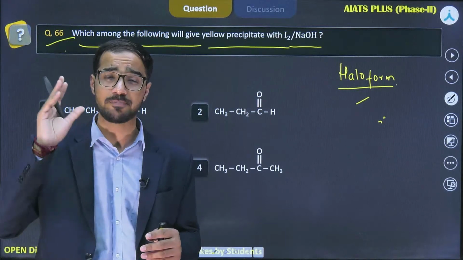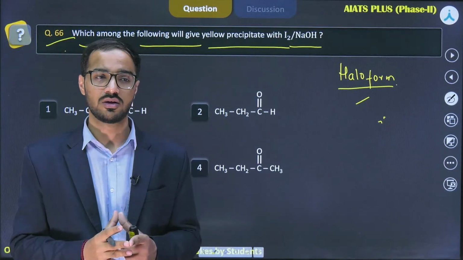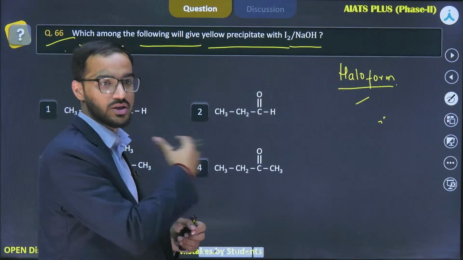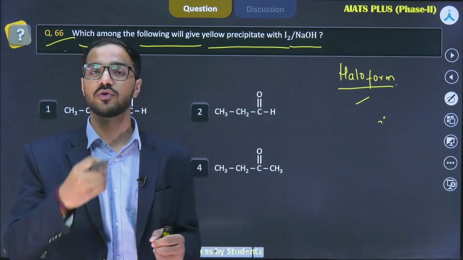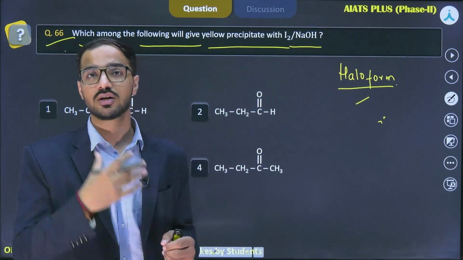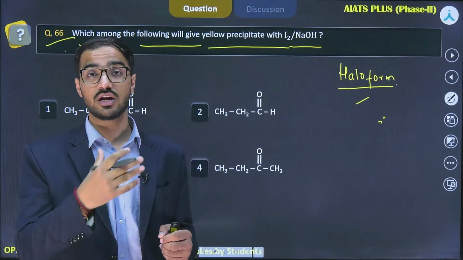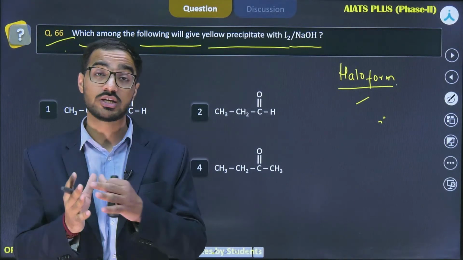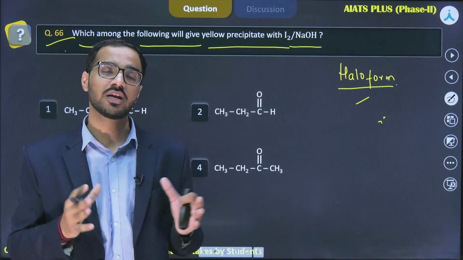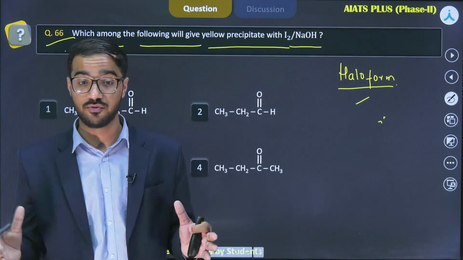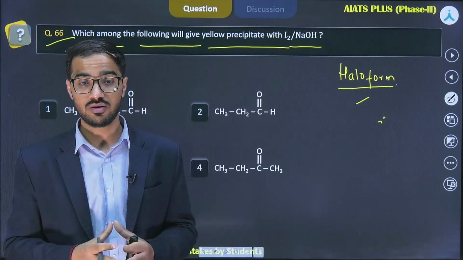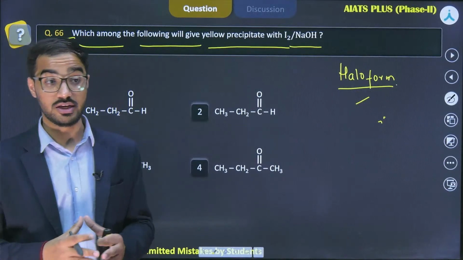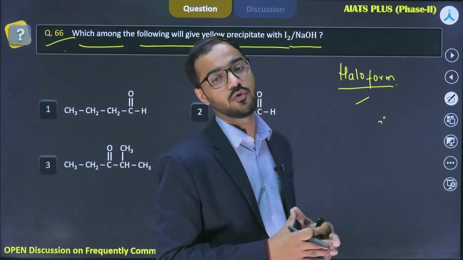But that is absolutely not the case here. With the help of this question, I'm giving you many other substrates which do not have any methyl ketone group, but can give the iodoform, or haloform, reactions.